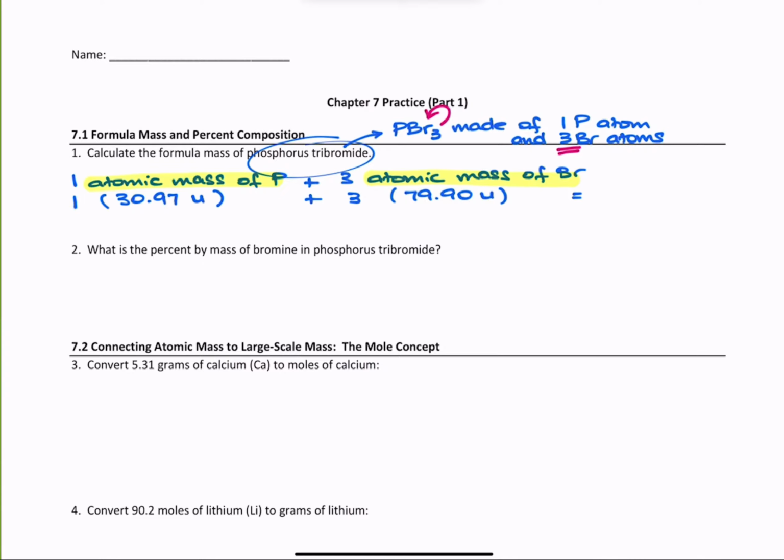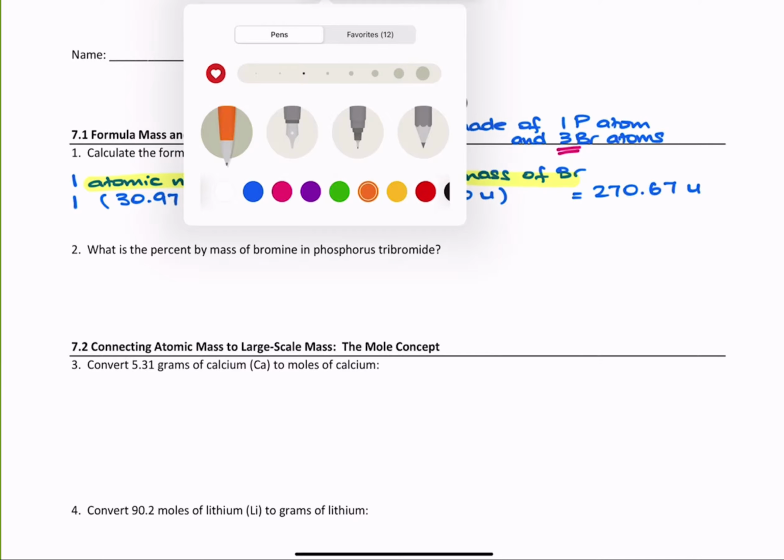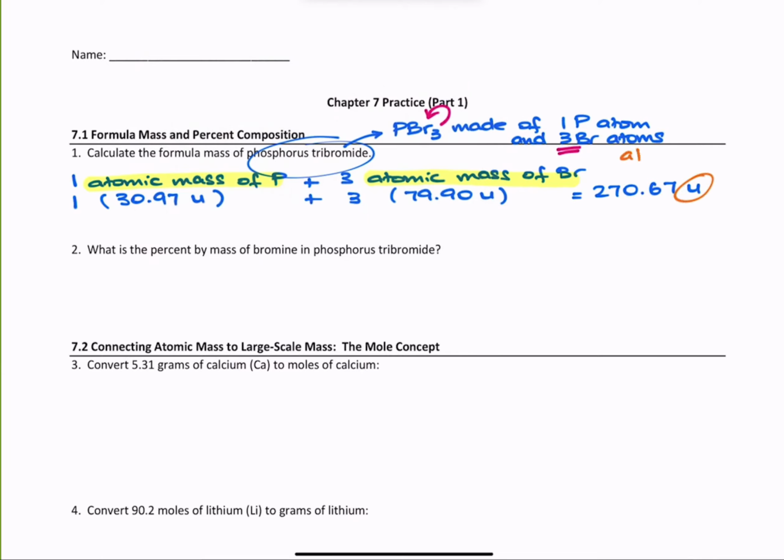When we add them together, we get 270.67 U. Again, this unit, which is the atomic mass unit, is the same as gram per mole.